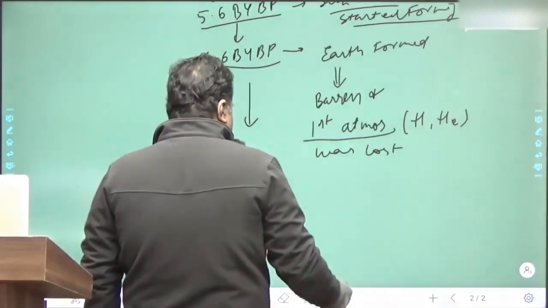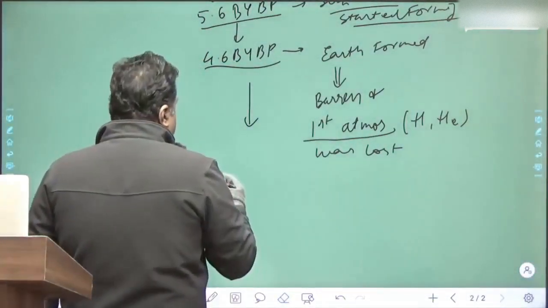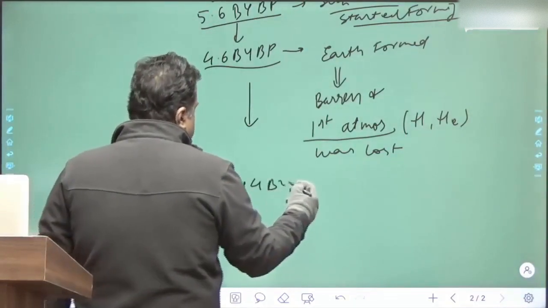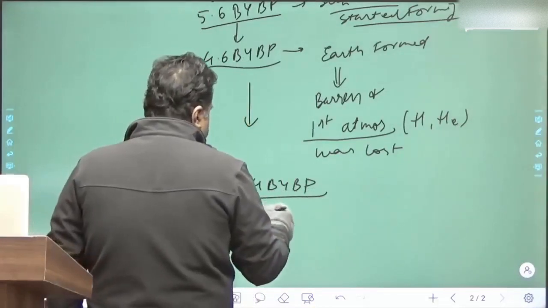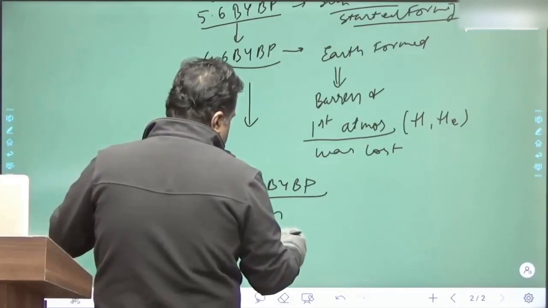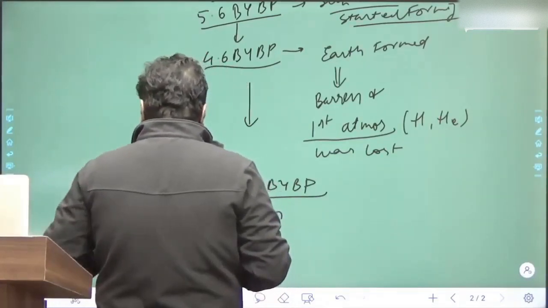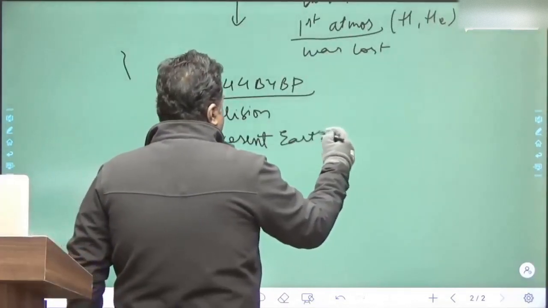Then after that we came to 4.44 billion years before present, where we had a collision that gave the present earth and moon.